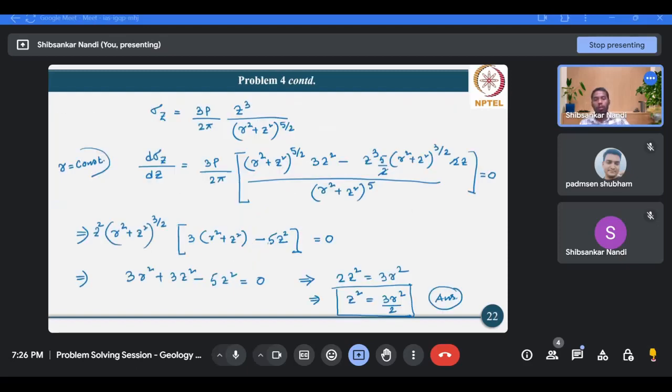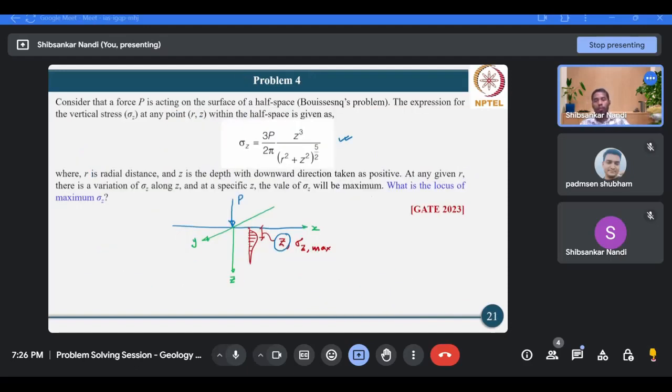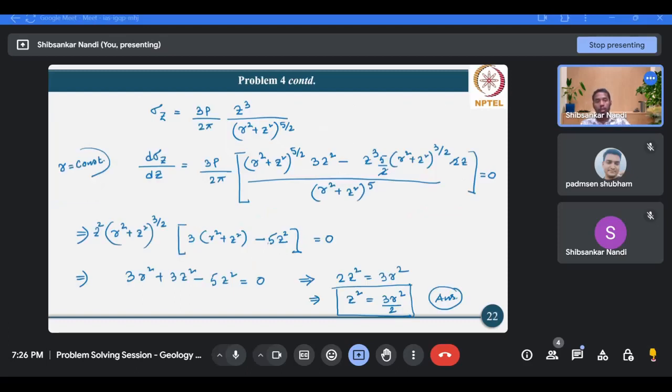So if you substitute any value of r, you will get the value of z at which your sigma z becomes maximum. So this is the locus of maximum sigma z in terms of r.